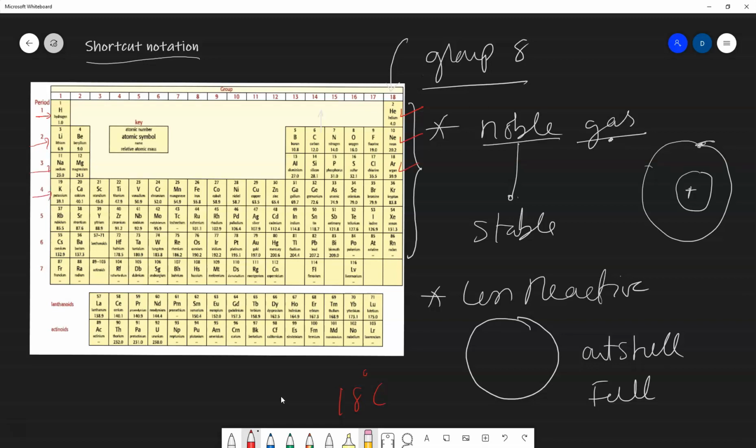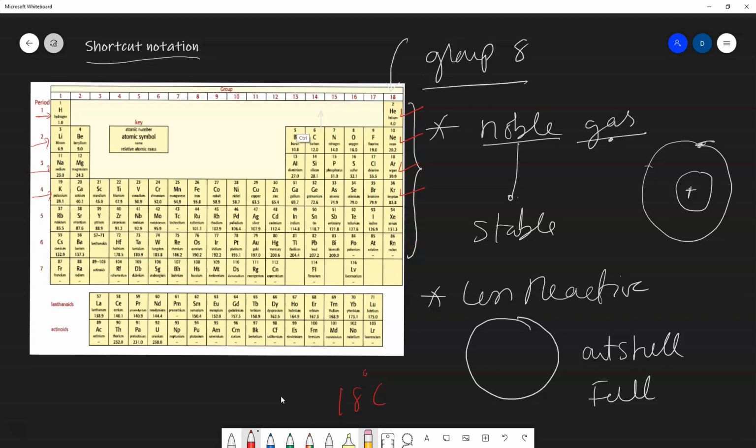In period 4, krypton. In period 5, xenon. And in period 6, radon. These are the more stable atoms, so we'll be using them a lot when we speak about shortcut notation.